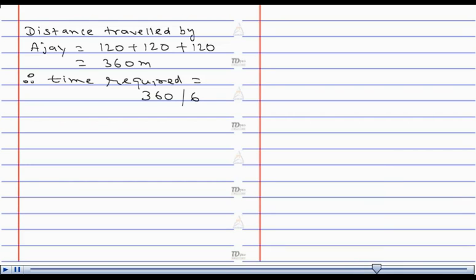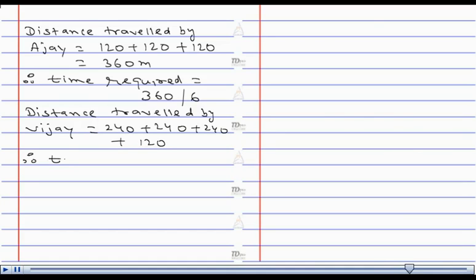In the same time, distance travelled by Vijay is equal to 240 plus 240 plus 240 plus 120.